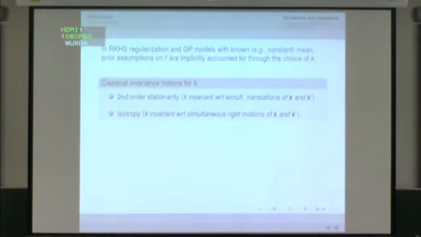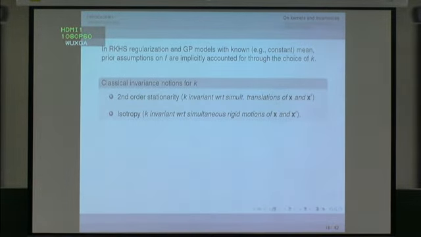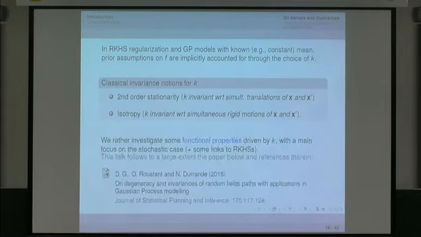So I would like my RKHS approximator g star, if you want, to be invariant under a given group of transformations, for instance, or I would like my random field to be almost surely producing realizations that are invariant under some operator. Okay, so this is the topic.